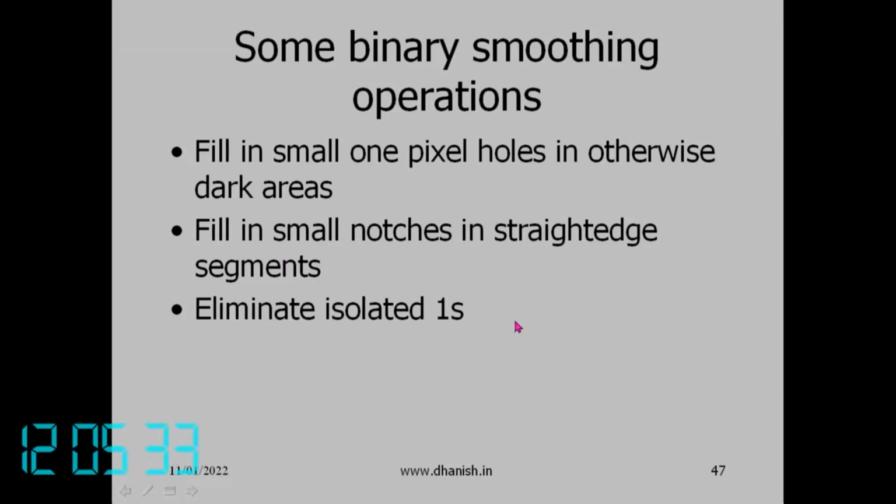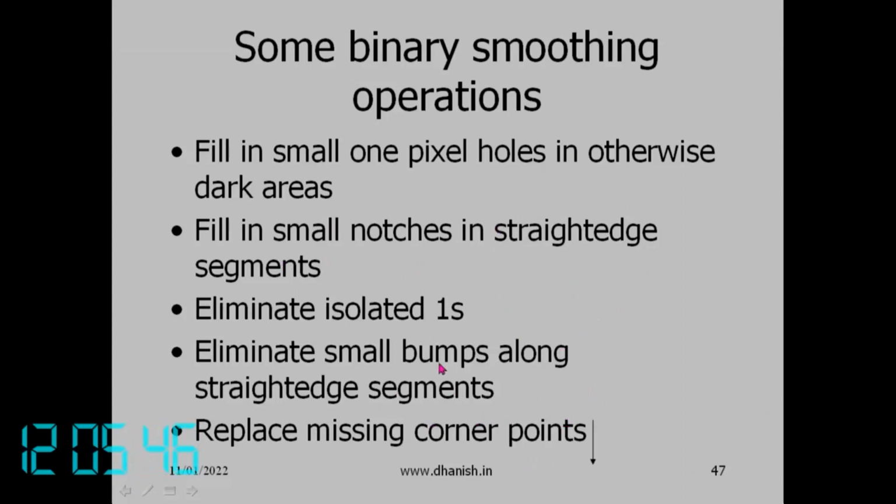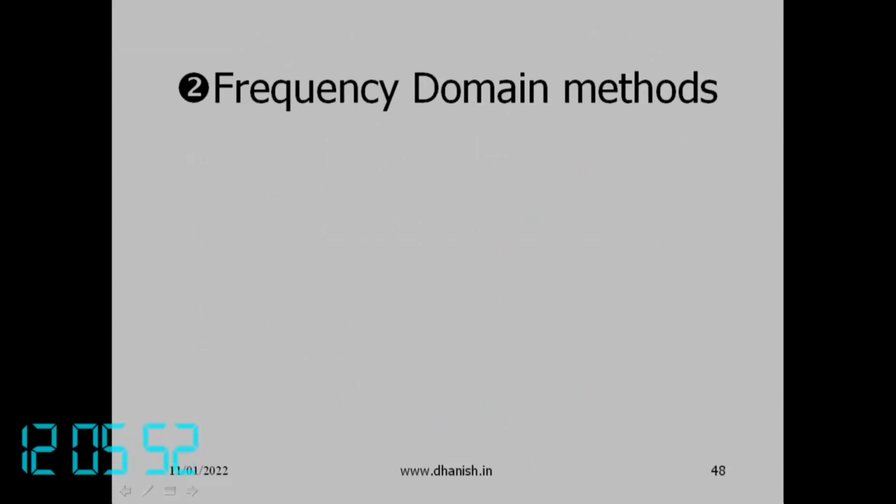Eliminate isolated ones. Eliminate small bumps along straight edge segments, small deviations from a straight line. All this can be eliminated, including replacing missing corner points. So all are binary smoothing. So that completes it.